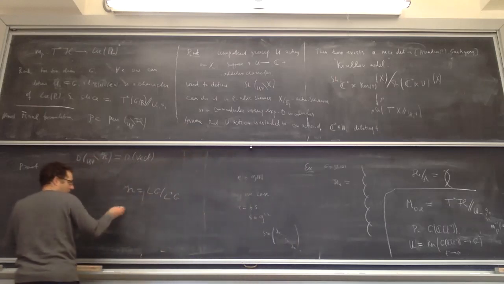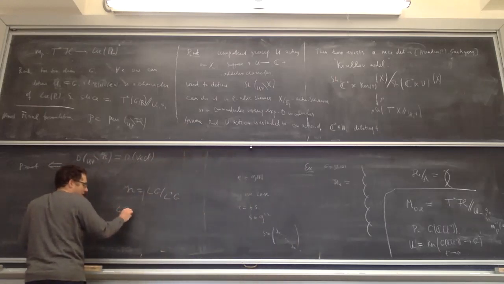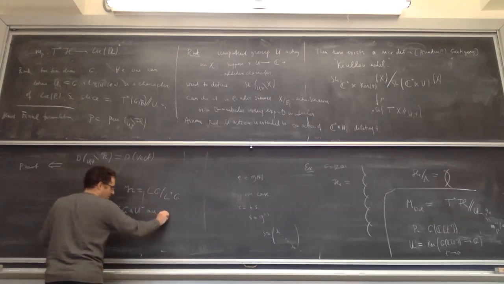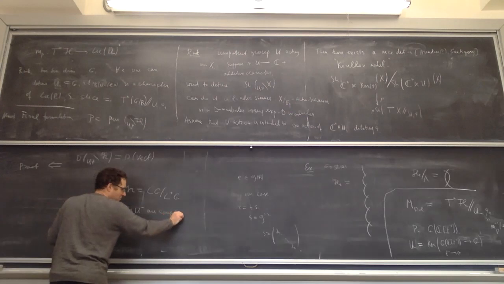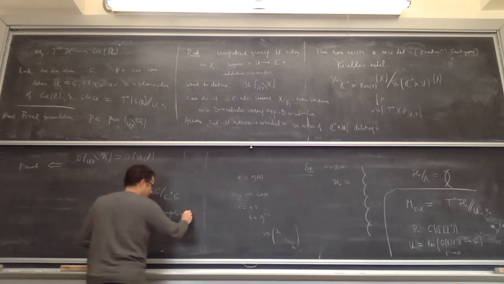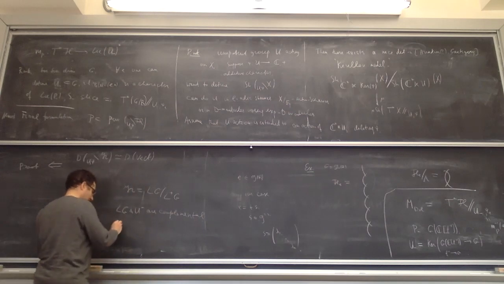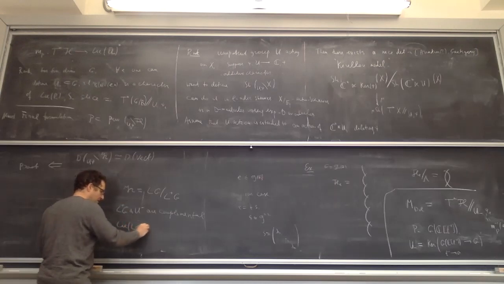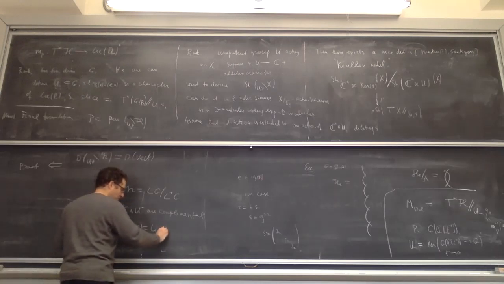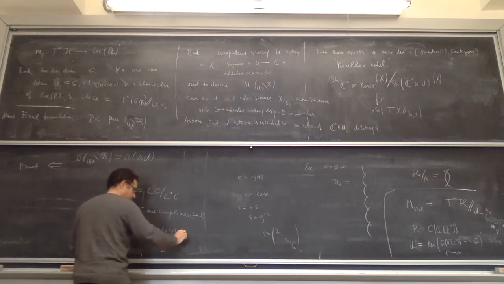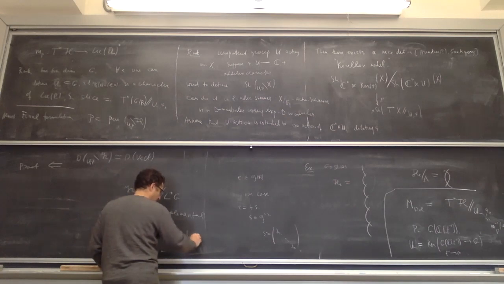But look, the point is just that LG and U minus are complementary. I don't know, part of a Manin triple or so. The Lie algebra of the loop group is a direct sum of the Lie algebra of L plus G and the Lie algebra of U minus.